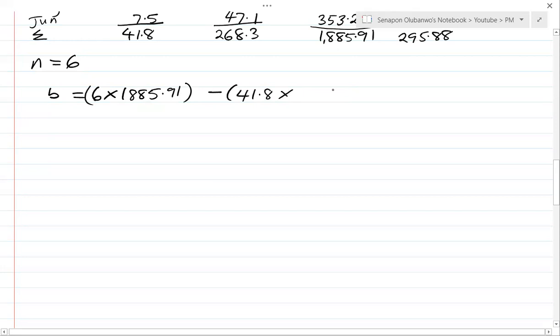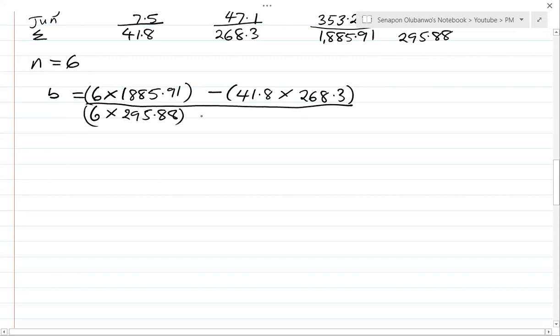All divided by N summation X squared: 6 multiplied by 295.88, in brackets. The next one is summation X, close bracket squared, which is 41.8 squared.